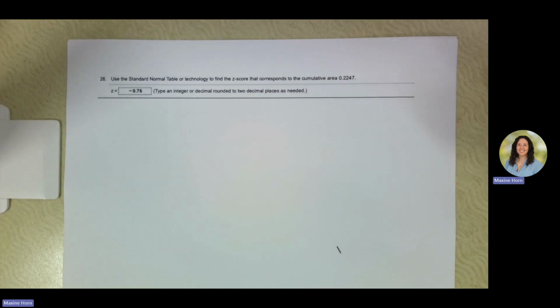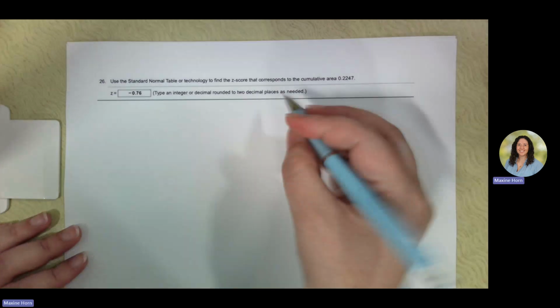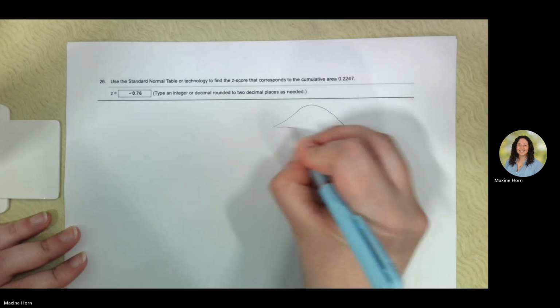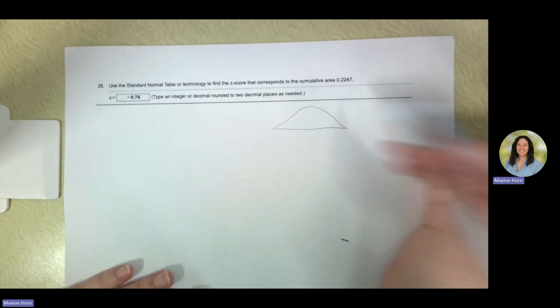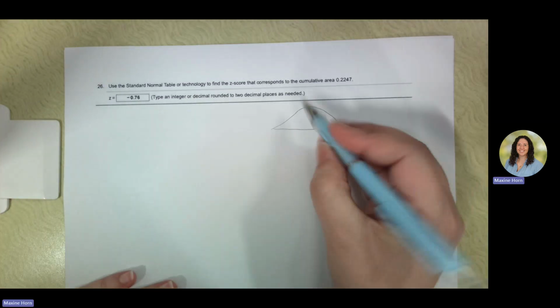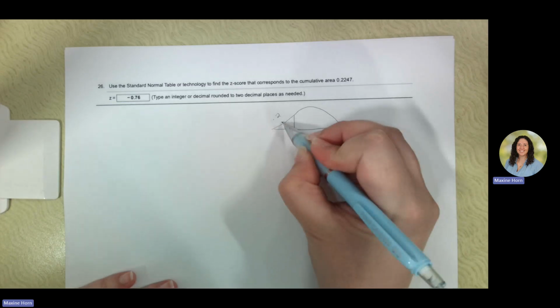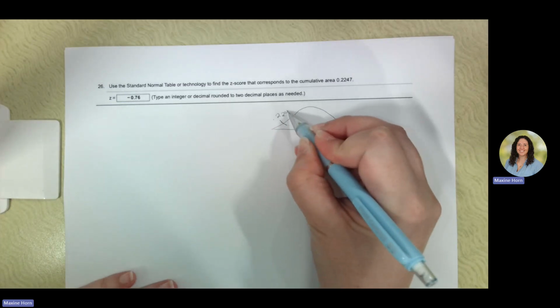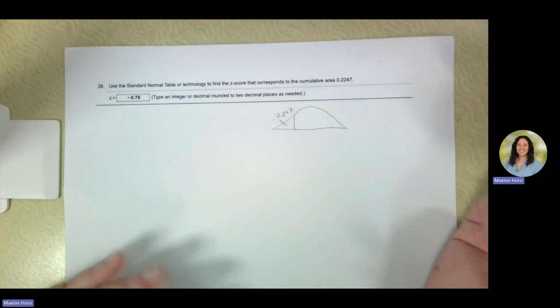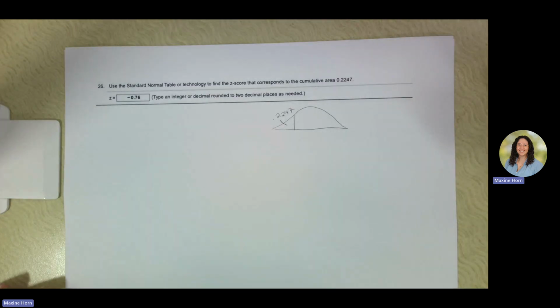Okay, use the standard normal table or technology to find the Z-score that corresponds to the cumulative area 0.2247. Okay, so an area of 0.2247, 22%, that's going to be over here somewhere, and then this would be whatever one minus that is, okay?